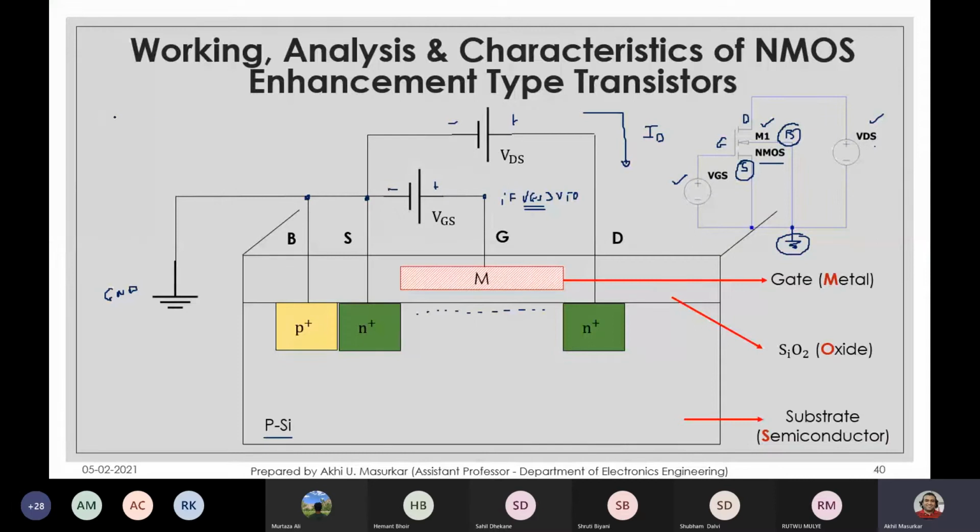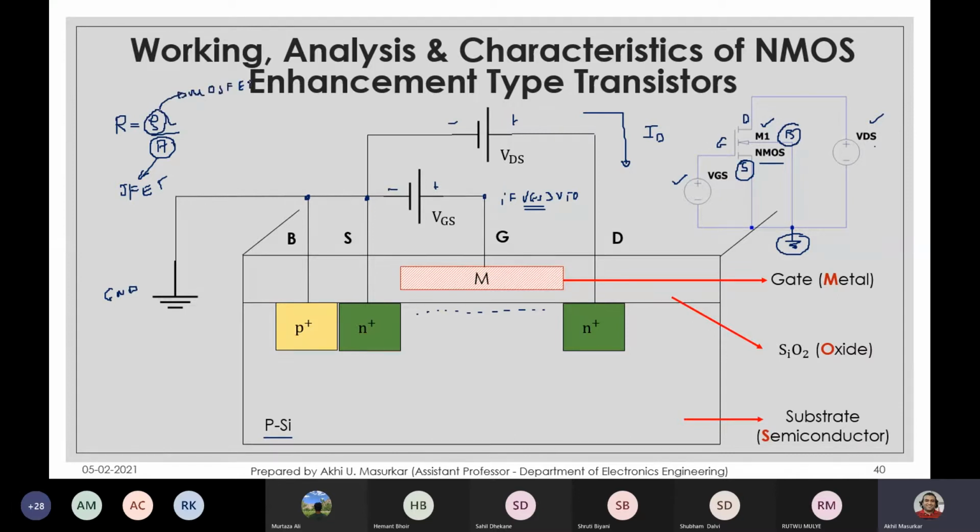So just to recall, the resistance of the channel is rho L by A. Okay. So in the JFET, you control the cross-sectional area by giving a reverse bias or not, or increasing or decreasing the reverse bias. But here, you are directly controlling rho.